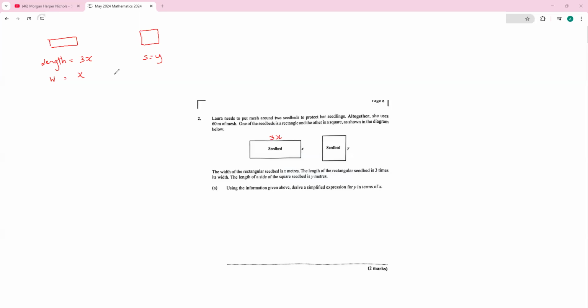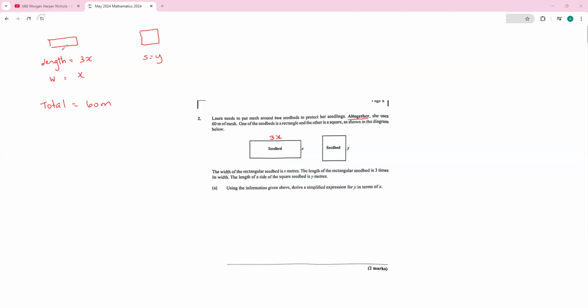Now, if all together the total mesh she used was 60 meters, it means that the length of all of these, to block off the seedbed, has to be 60 meters. So what we can do is find the distance around the rectangular one and the distance around the square seedbed, which is basically finding the perimeter.